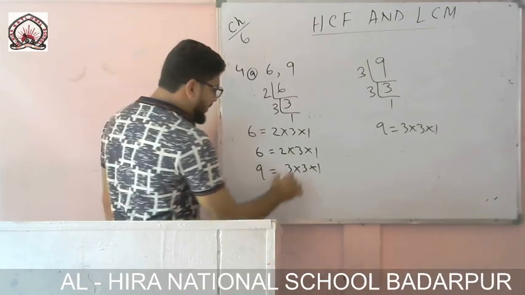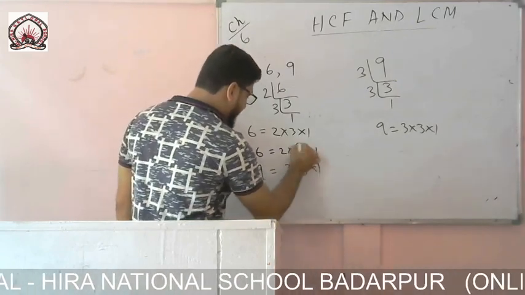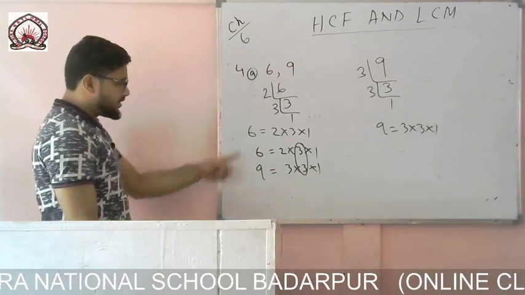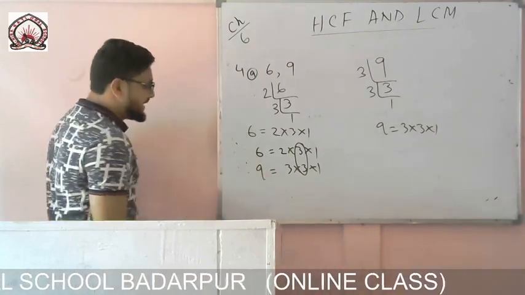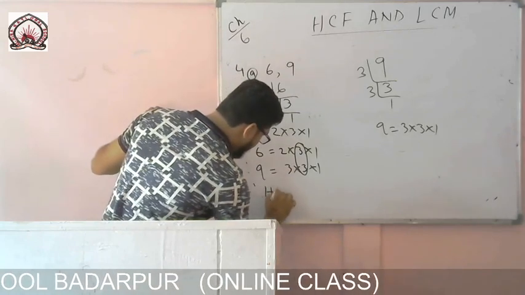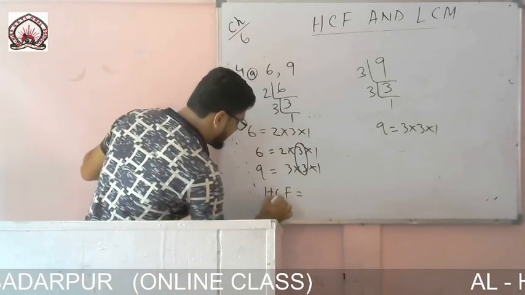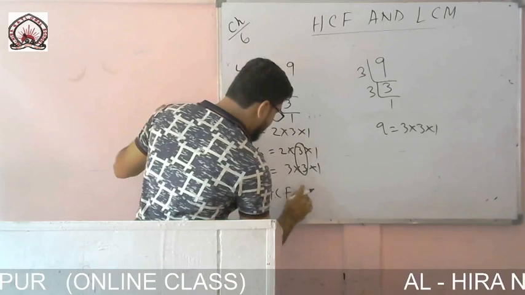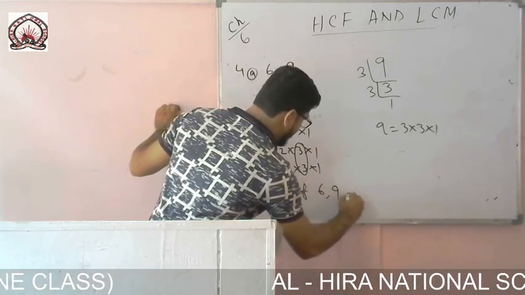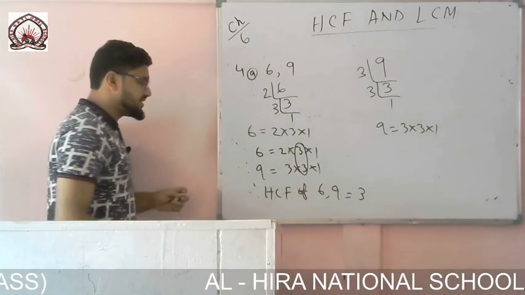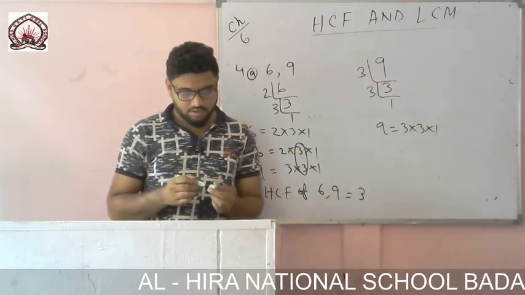Among these, only 3 is common. Therefore, HCF of 6 and 9 equals 3, because only 3 is common.